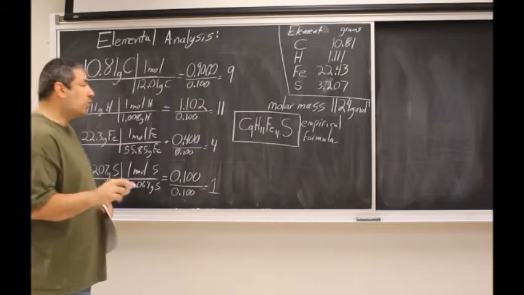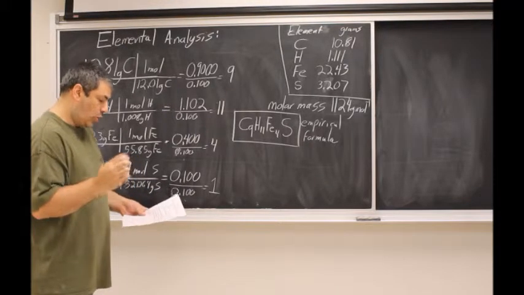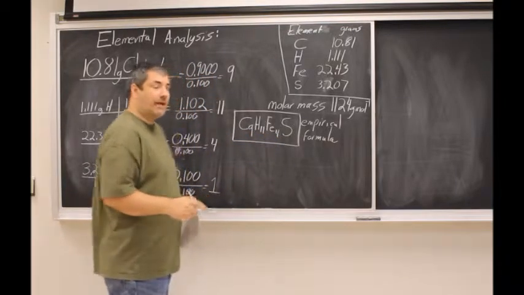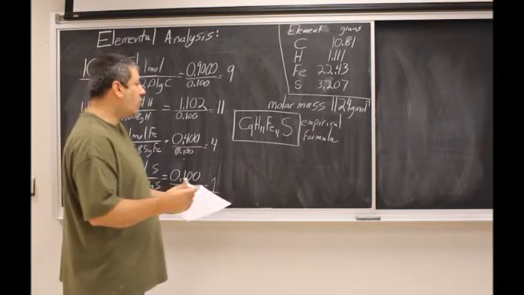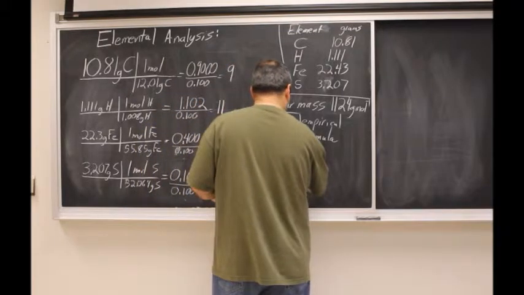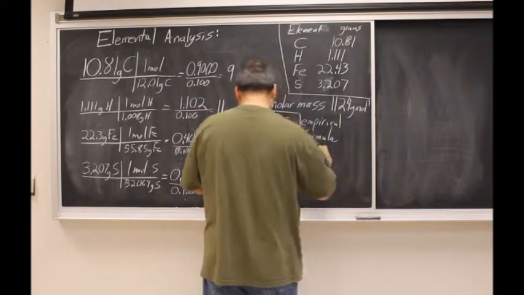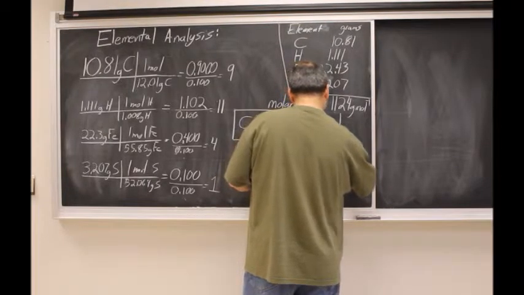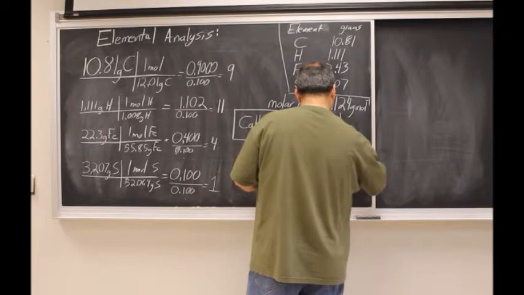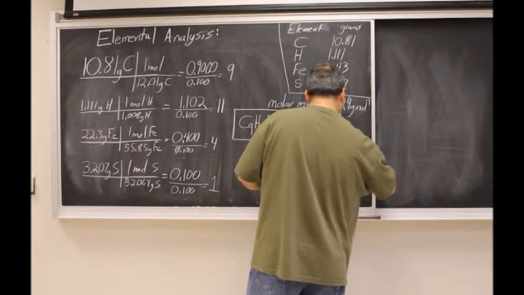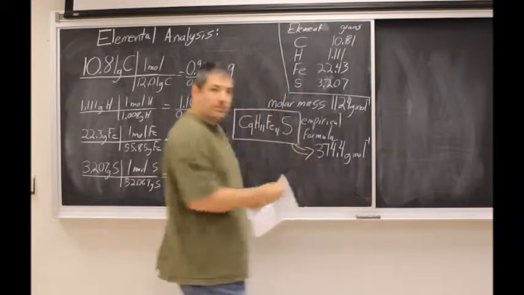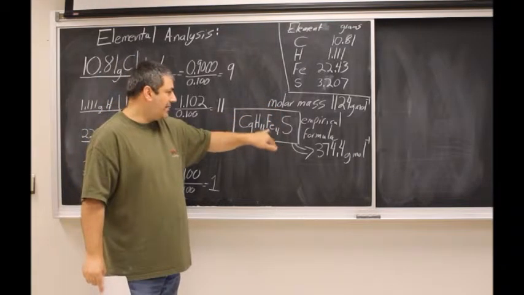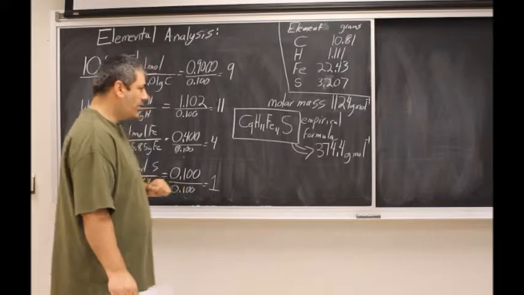Now, to calculate molar mass, and I'm not going to show every step, what we need to do is calculate the molar mass of just the empirical formula. And when you do that, this has a molar mass of 374.4 grams per mole: 9 times 12 plus 11 plus the molar masses of 4 irons and sulfur and so forth.